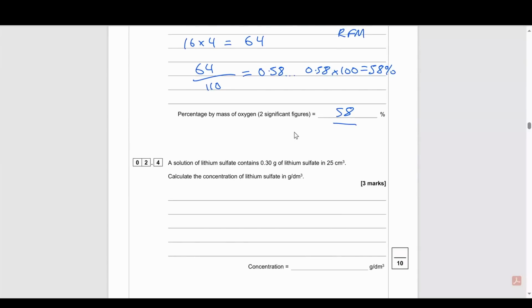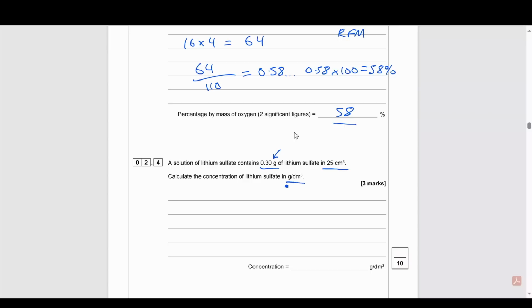2.4. A solution of lithium sulfate contains 0.30 grams of lithium sulfate in 25 centimeters cubed. Calculate the concentration of lithium sulfate in grams per decimeter cubed. So you can see, if we take our values with units in the question, we've got our mass in grams, and that matches what we have in our unit here.